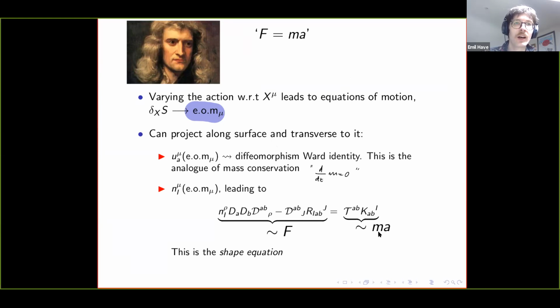So on the right-hand side here, what you see is that the generalization of mass is this stress mass tensor, while the generalization of the acceleration is how much your surface bends. And of course, on the left-hand side, you have this rather complicated expression, but this is sort of some given force that acts on your membrane. And this is known as the shape equation, and it's a very famous equation in the context of membranes.